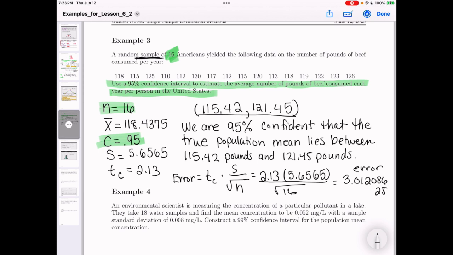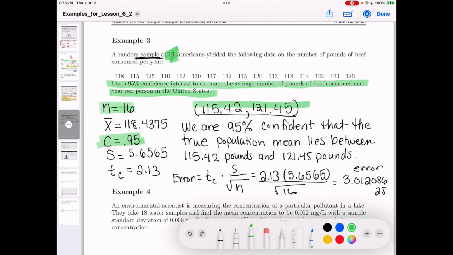Now if I take 118.4375, our point estimate, and add the error to get our upper bound, we're going to add 3.01208625, and we get 121.45 when we round to two places. So this matches what we did by hand and what we did on GeoGebra.